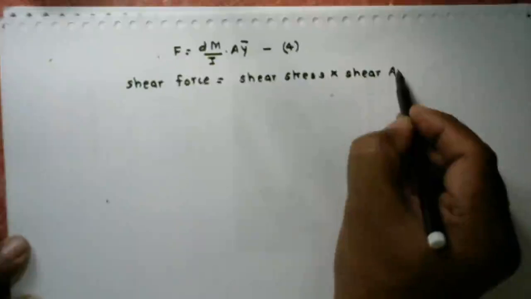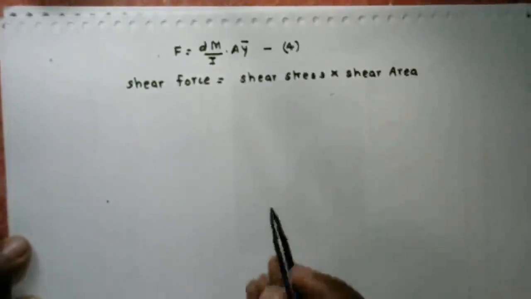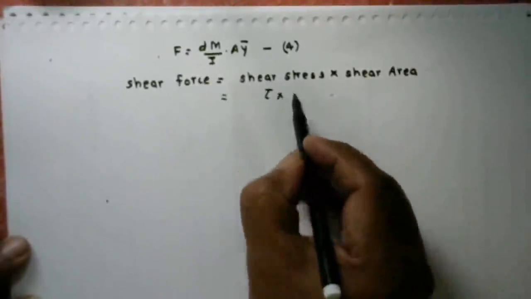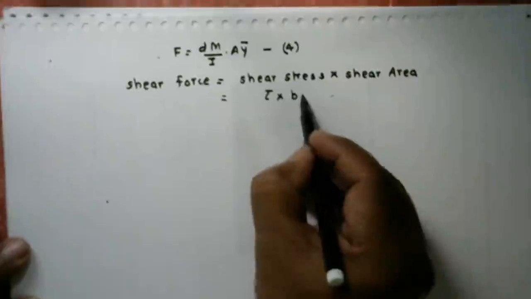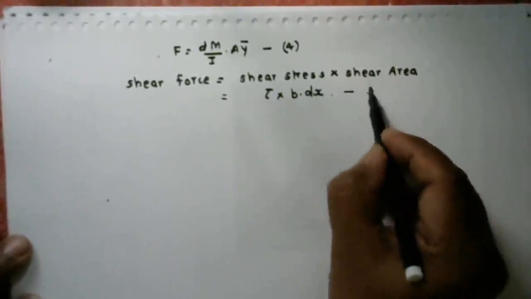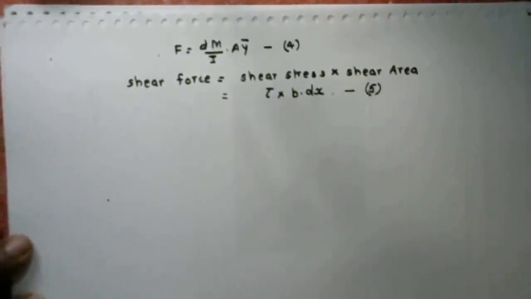That is the basic equation for shear force. So with shear stress tau and shear area from the figure as B into dx, that is the shear area, we call that equation number 5.